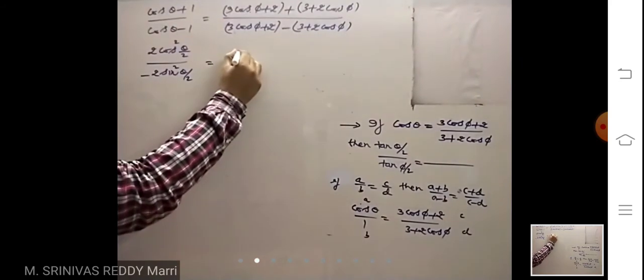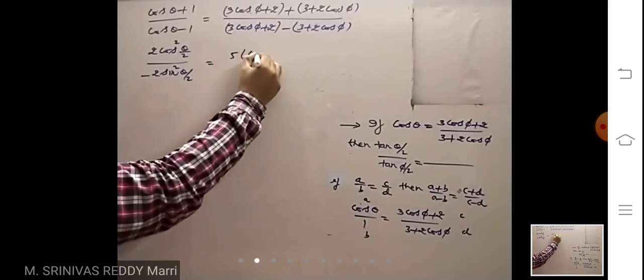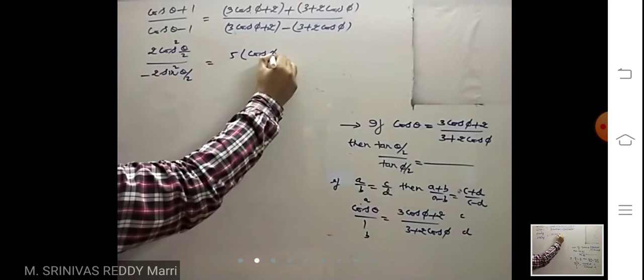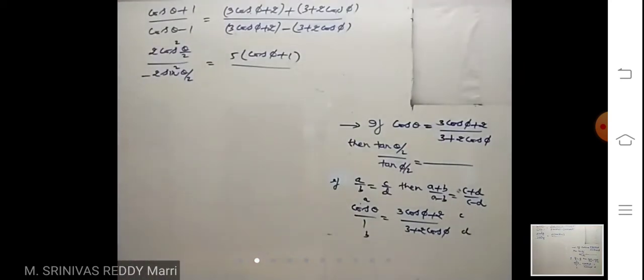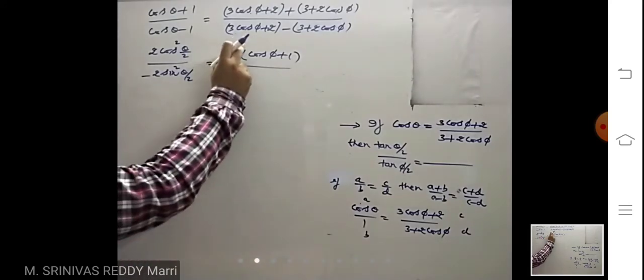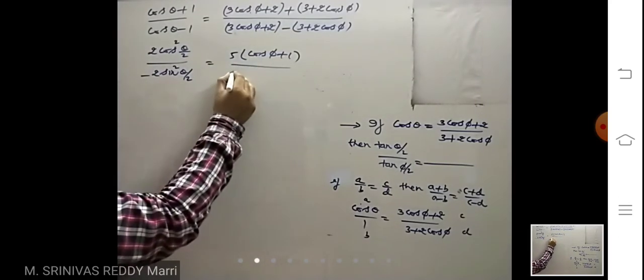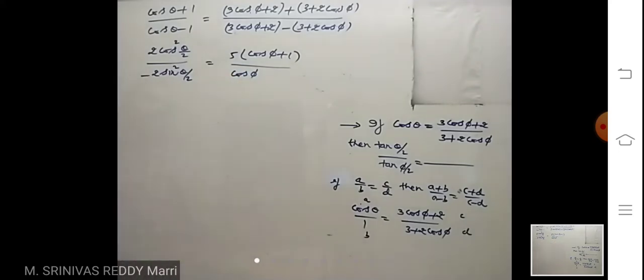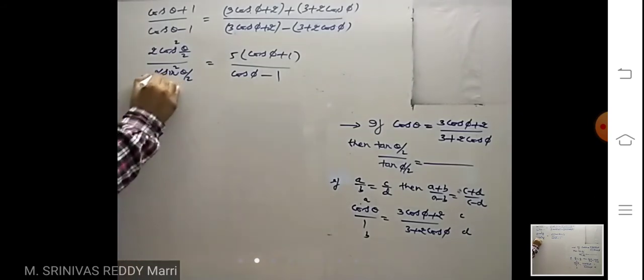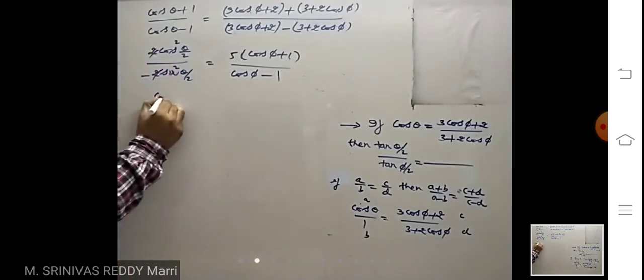Take 5 common and you will get cos phi plus 1 divided by, now 3 cos phi minus cos phi is cos phi, 2 minus 3 is minus 1. Therefore, 2 gets cancelled.